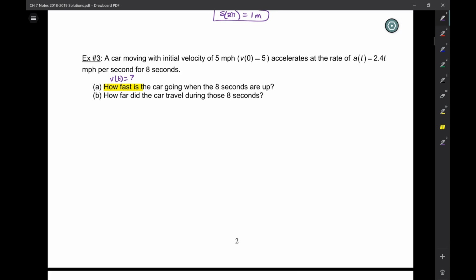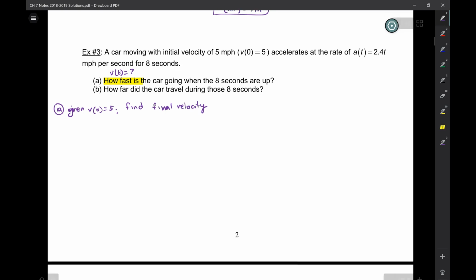All right, so let's do this. We are given V of 0 is equal to 5. And then we need to find the final velocity, which is V of 8.